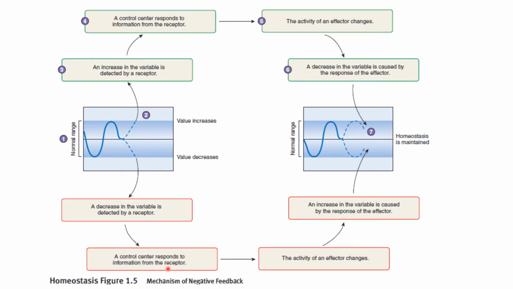The control center has the set point for this variable, so the control center will compare this change with the set point and then order the effectors, that are muscles or glands, to perform their function to negate that change, to decrease that change again and bring the variable back to the set point. So it is called a negative feedback mechanism that is maintaining homeostasis.